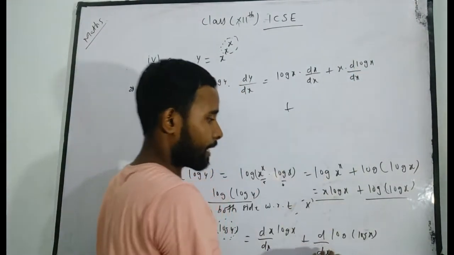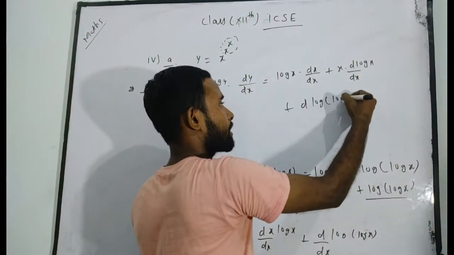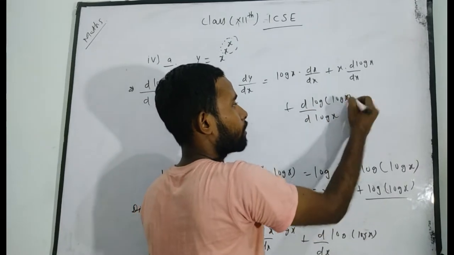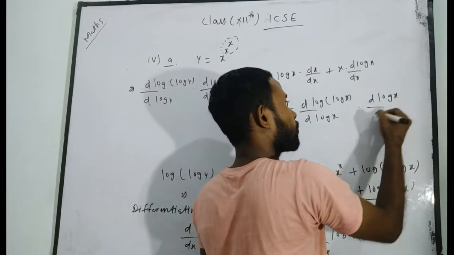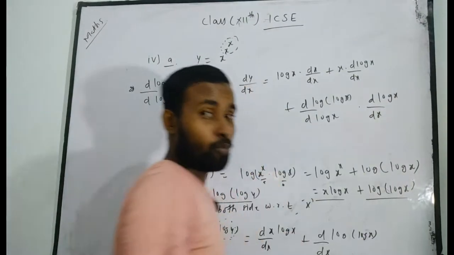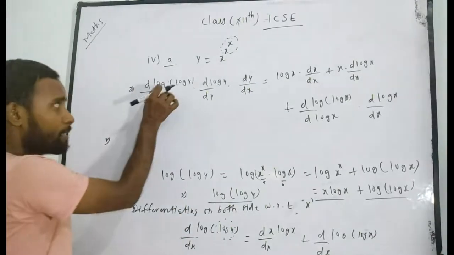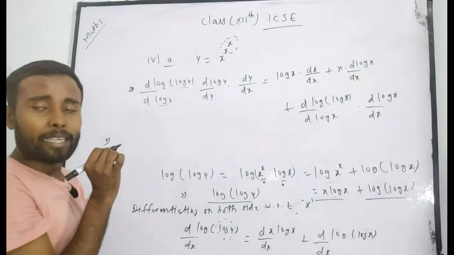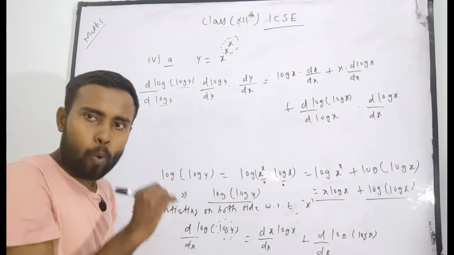Plus similarly you have to differentiate this function log x. Firstly you have to differentiate with respect to which function? Log x, because this is your log x. Thereafter you have to again differentiate log x with respect to x. I think you understand very well. Now the derivative of log y, suppose that this is your p, then the derivative of log p with respect to p will be 1 upon p.